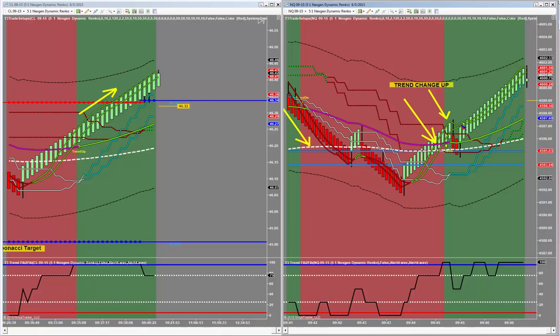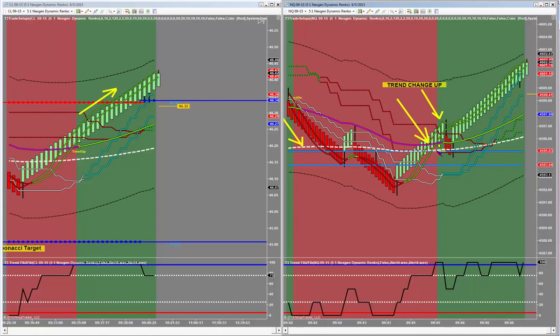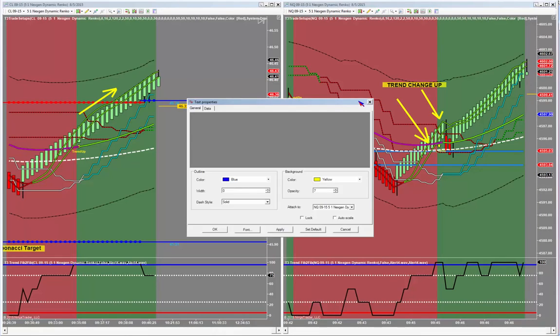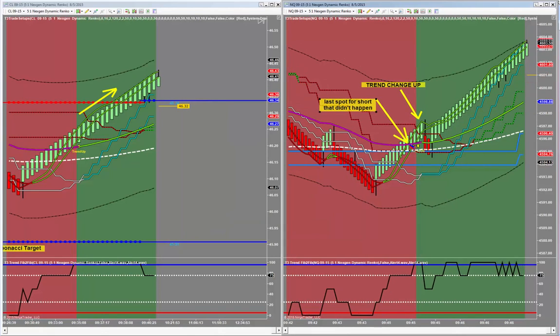So going with the simple logic, one simple chart, that was probably the last spot you could look for a short. Let me write it on the chart for you here real quick. So that was the last spot for a short that didn't happen. Then we had a trend change up.